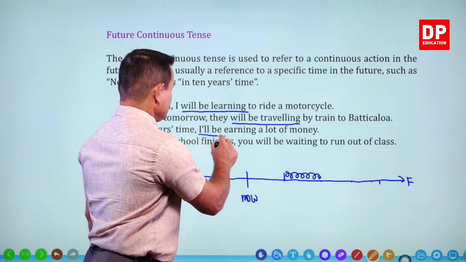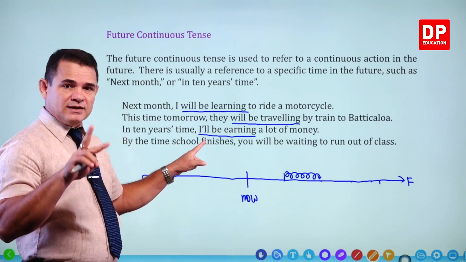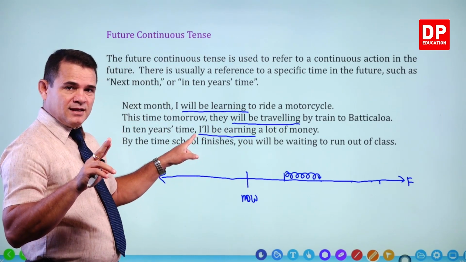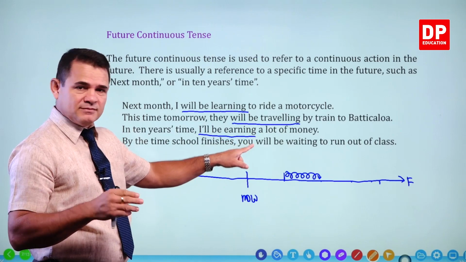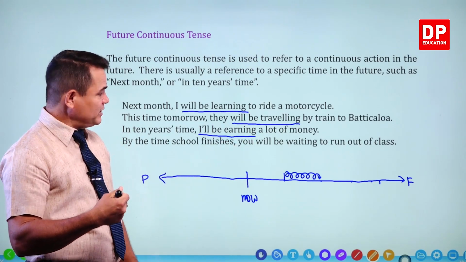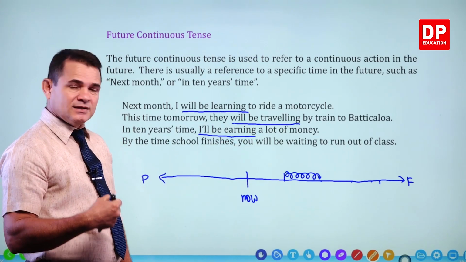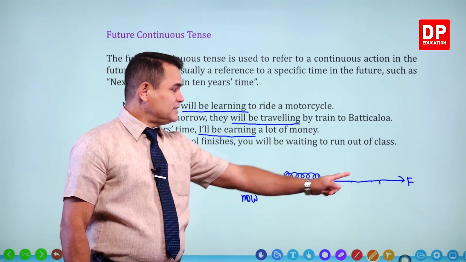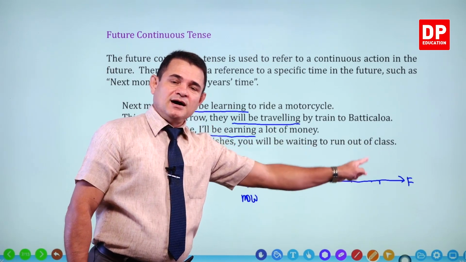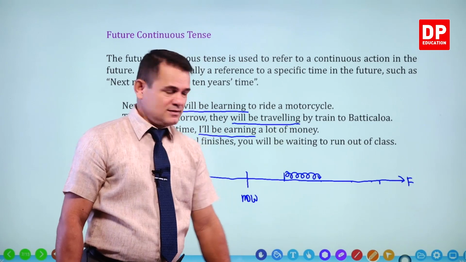I'll be earning. අන්න I will කියන එක එකතු කරලා I'll be earning. මම ගොඩක් මුදල් උපයමින් ඉඳීවි. A lot of money. That is something that will be happening. අනාගතයේ සිදුවෙමින් තියෙන දෙයක්.